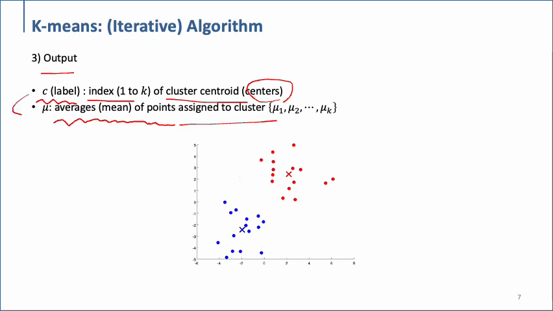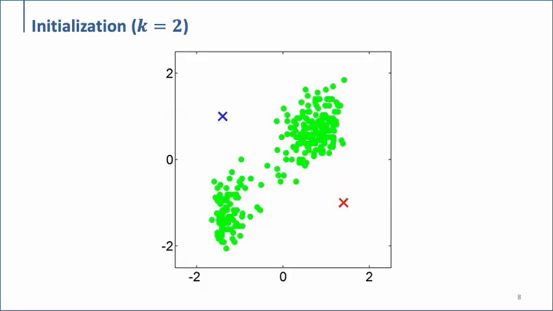After doing some iterations, we get these two as outputs. After this process, we can find proper centroids and also the mean of each cluster. Keeping this in mind, let's visualize this process in more detail.